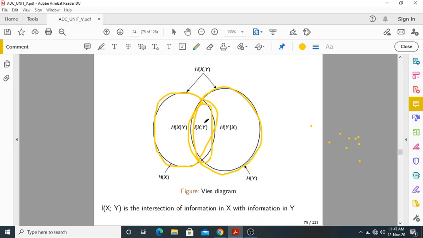It is something like finding the intersection and the union. I don't need to elaborate on this. This Venn diagram depicts all three formulas of the mutual information I of x semicolon y. So the intersection is the intersection of information in x with information in y. This is the common or mutual information between x and y. As simple as that.